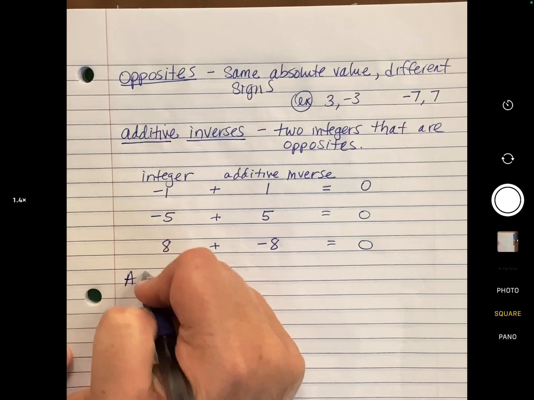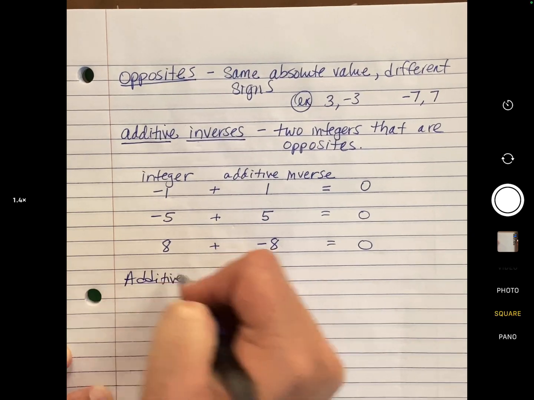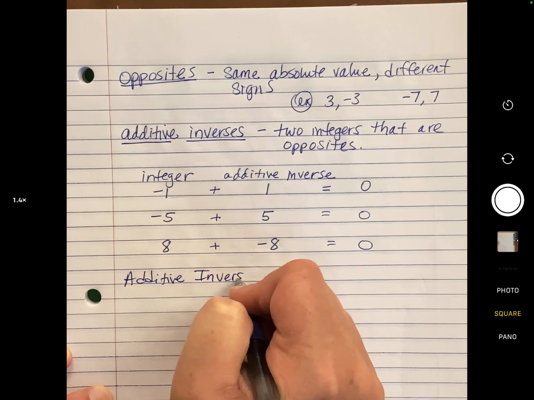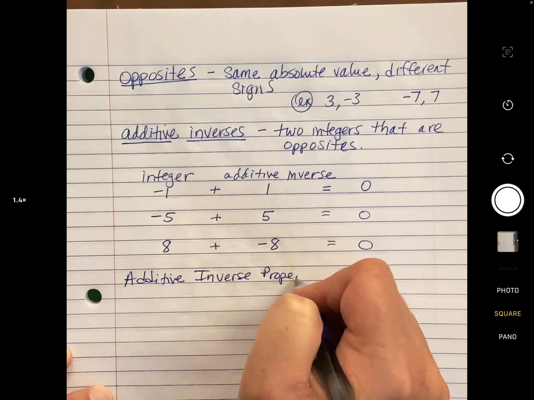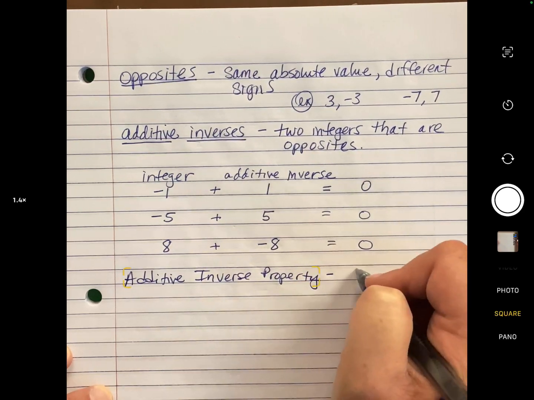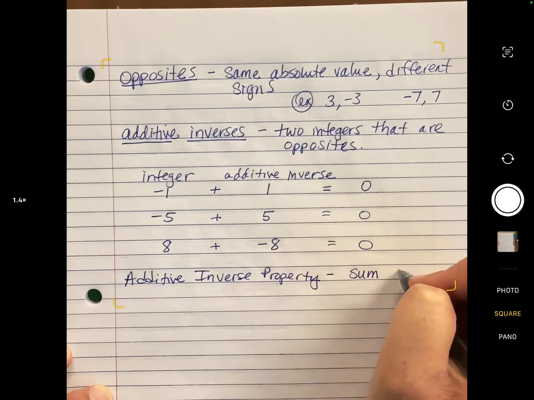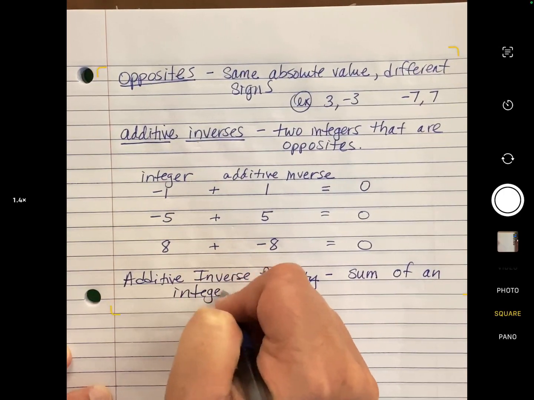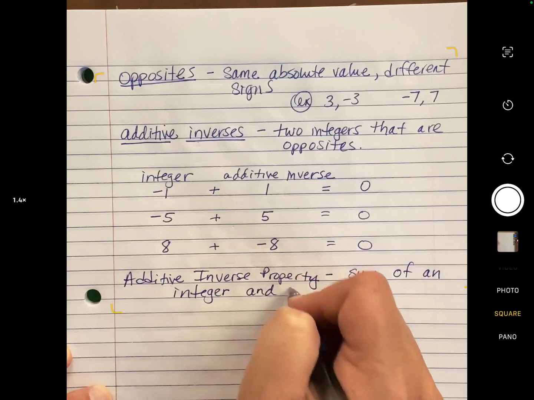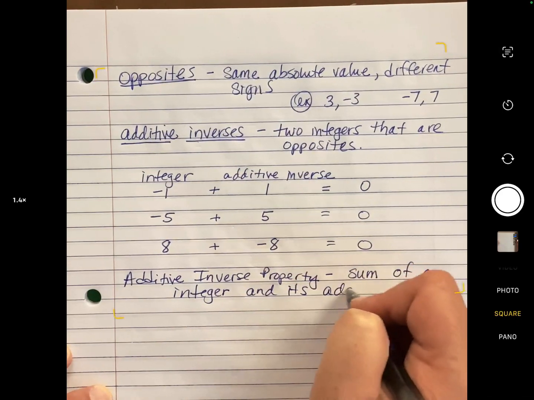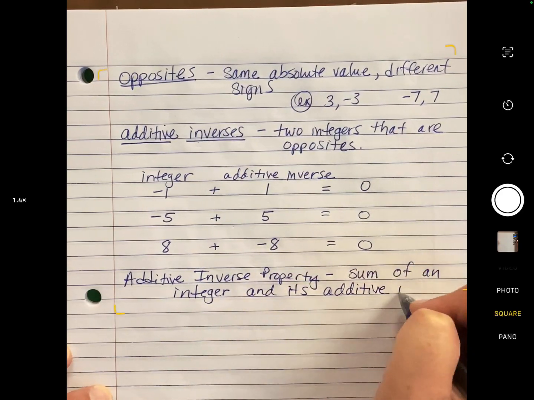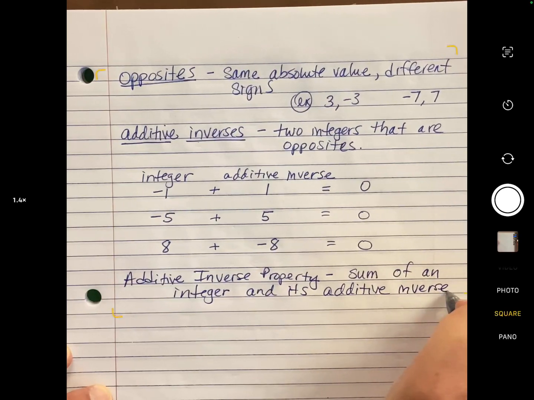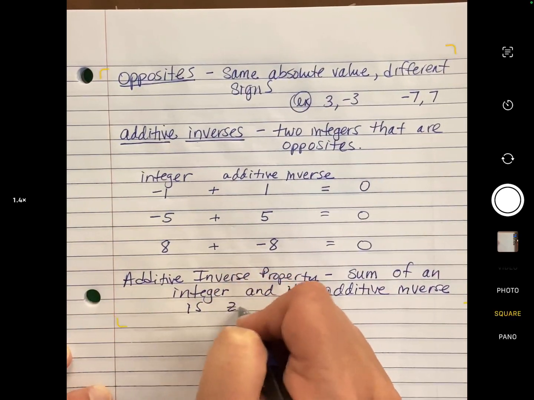That is actually called the additive inverse property. That says the sum of an integer and its additive inverse is 0.